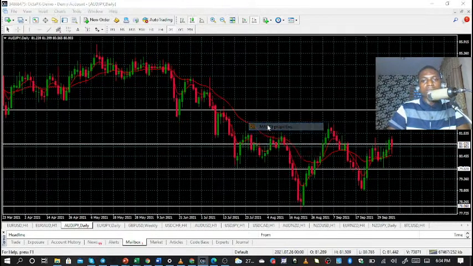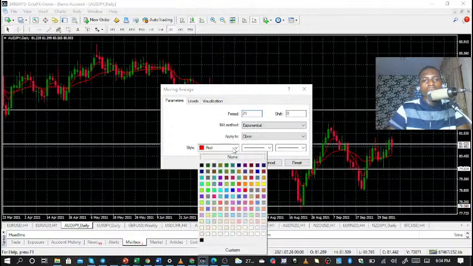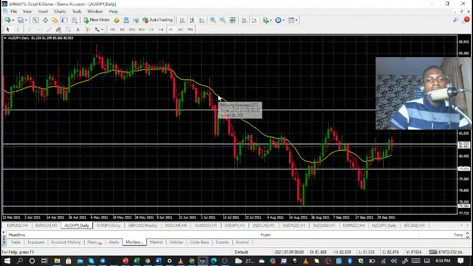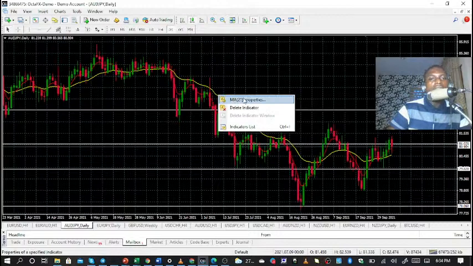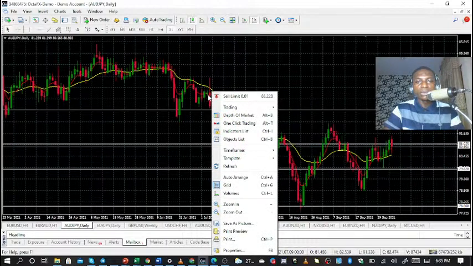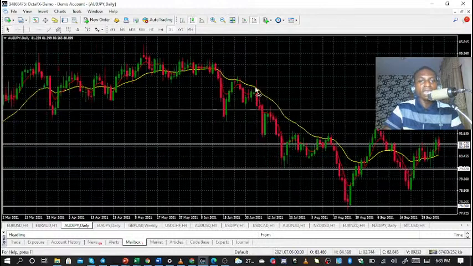Let me give it a different color so that we can spot which is which. So the yellow one is the 21-day moving average, while the red one is the 5-day moving average.